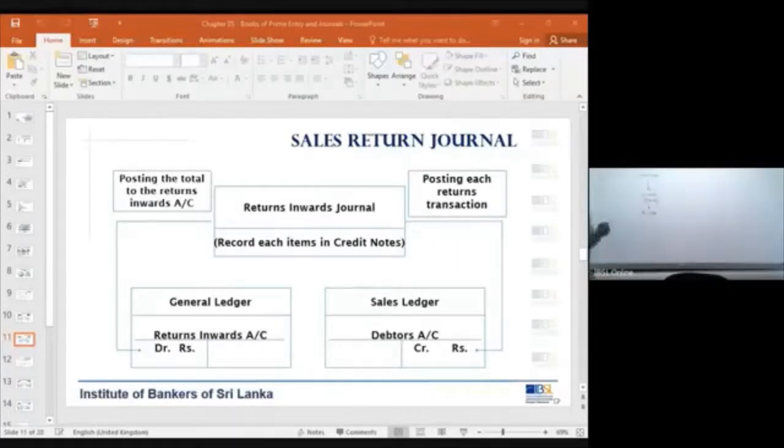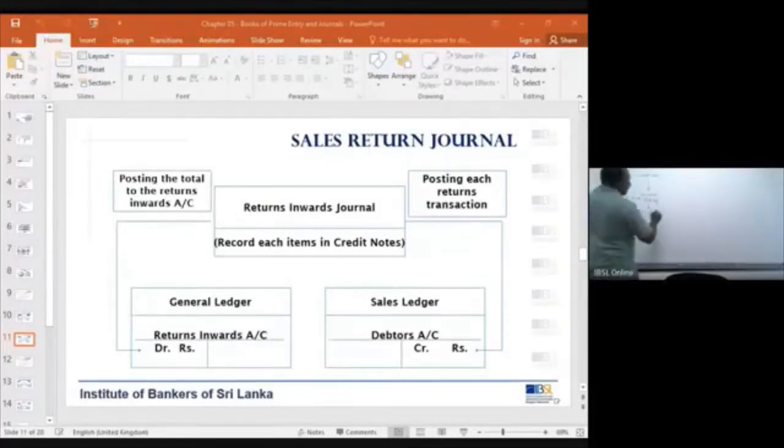Let's say this is ABC company and this is Mr. A who has bought it, right? So now the credit period offered is, let's say, 30 days, right?